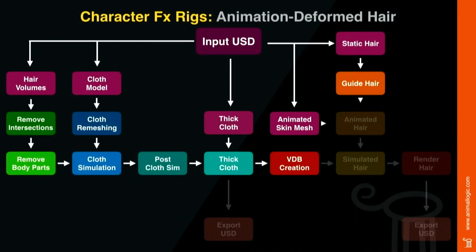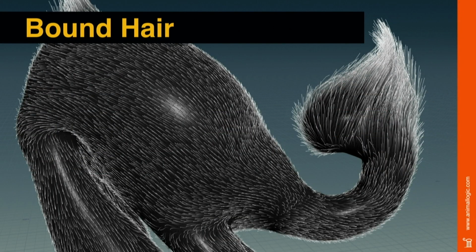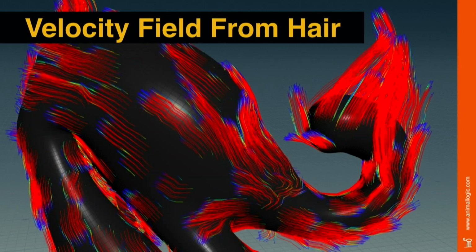Okay, so once we have those guide hairs, we take them along with the USD animated skin geo, the skin mesh, and we do a bind of the hair to the body. Now this starts with just a basic point deform, but our method has some pseudo collisions built in. The way we do that is we take that guide cache after it's been point deformed, and we make a velocity field out of that from the root to the tips.